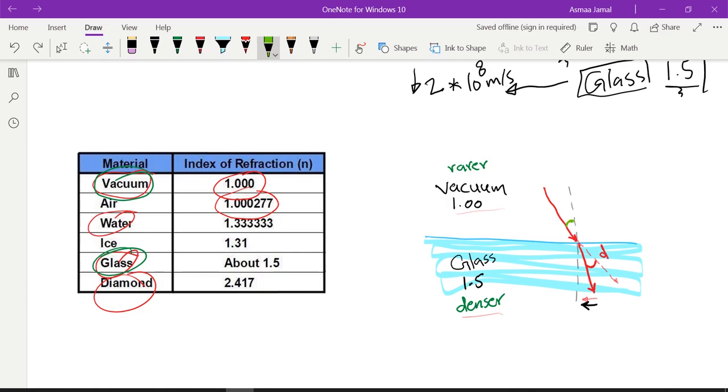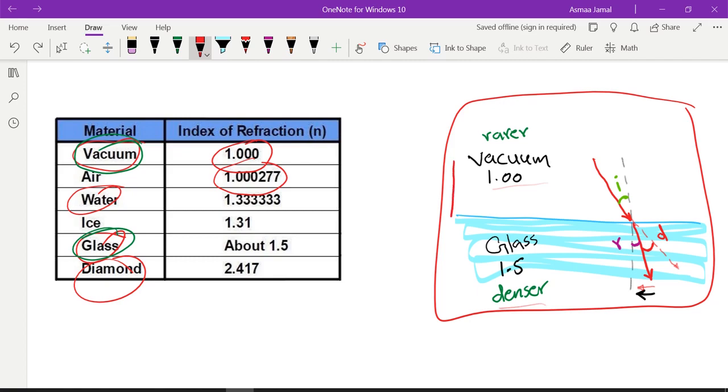This is the angle of incident and this is the angle of refraction. So if the light travels from rarer medium to denser medium, such as from vacuum to glass, the angle of deviation D will equal the angle of incident minus the angle of refraction.